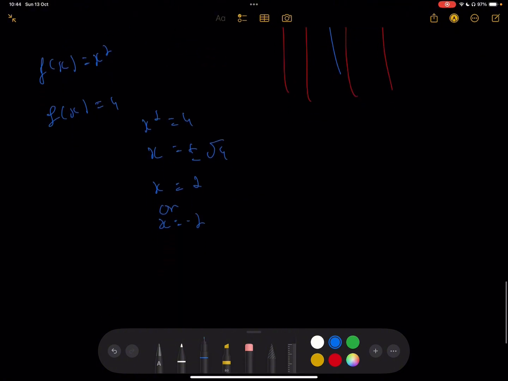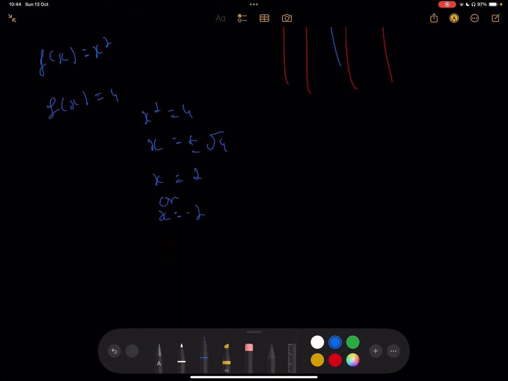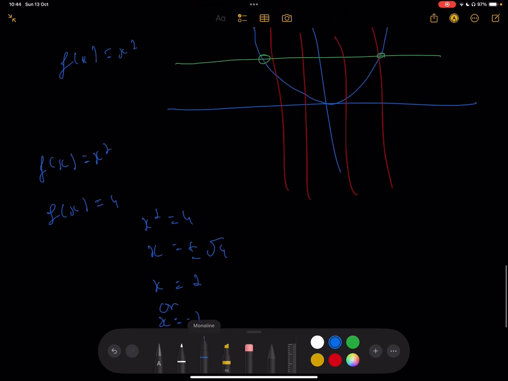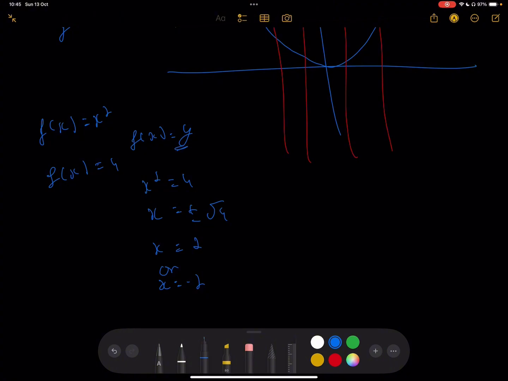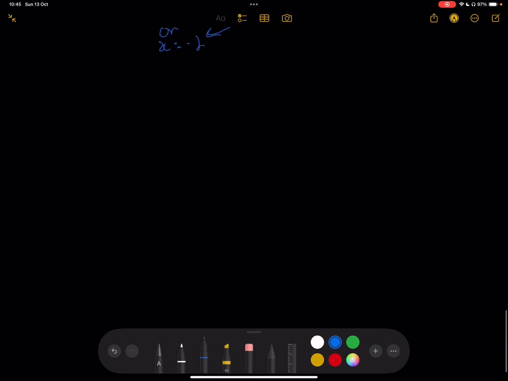Therefore, many to 1, because one y value has multiple x values. F of x is just another way of saying y when we're looking at graphs, so they can be used interchangeably. So here we can see that this y value has multiple x values, where x can be equal to 2, or it can be equal to negative 2. So therefore many to 1.